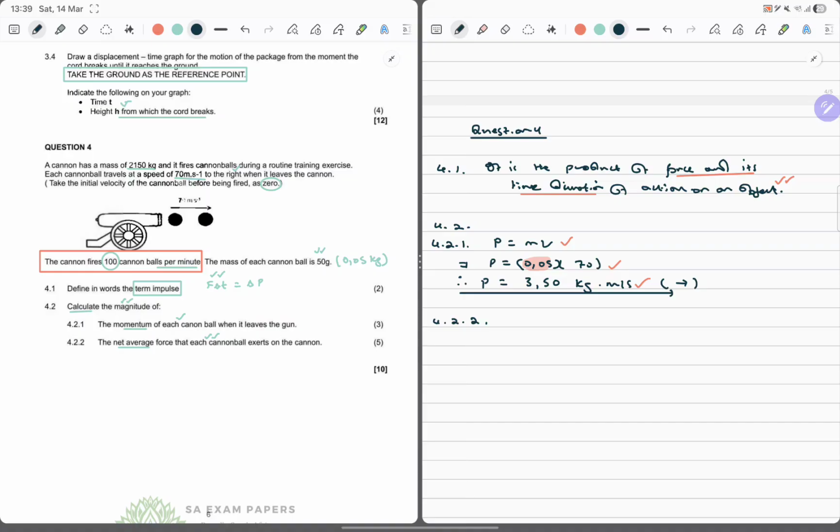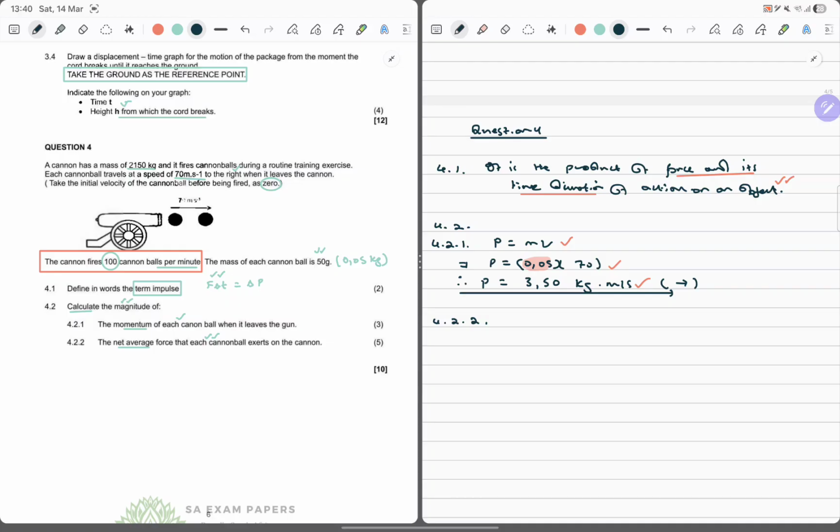Now, 100 cannonballs per minute. Then it means 1 at what time? Because in 1 minute, there's 100 of them. But now we need the time duration for just 1 cannonball. I think that's the most important thing.